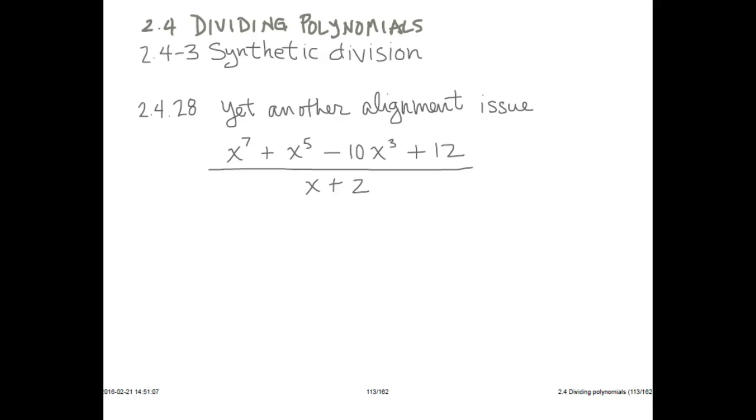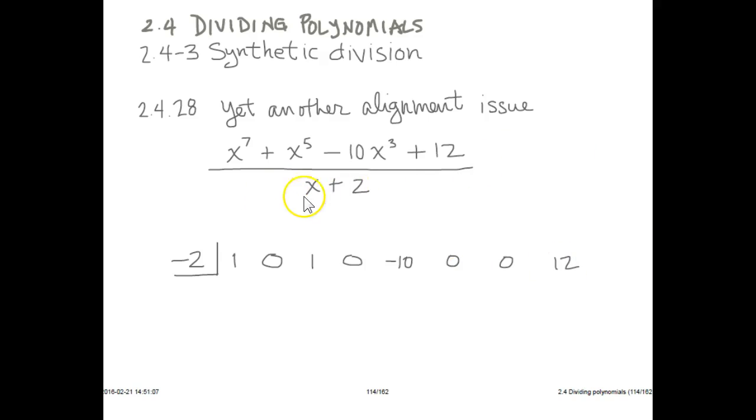Here's another alignment issue. Notice the gaps in the numerator here. We don't see anything for x to the 6th or x to the 4th, etc. So when we set up the synthetic division, we need to put a lot of zeros there in their places. We have no x to the 6th, no x to the 4th, no x squared, or just plain x.